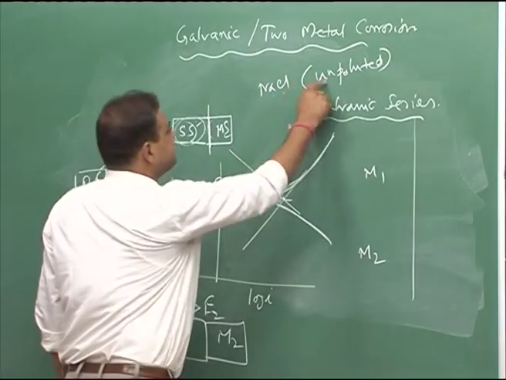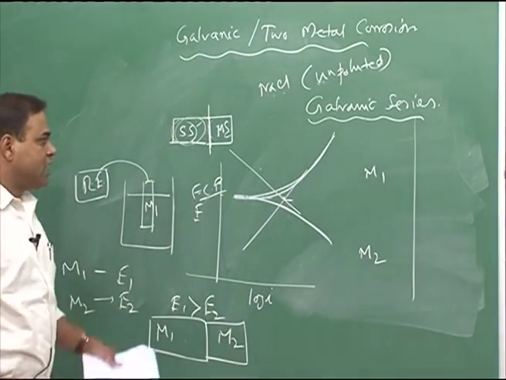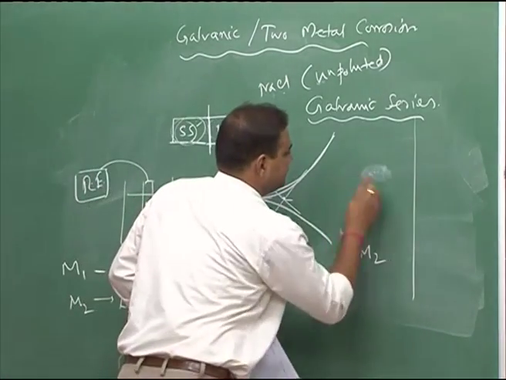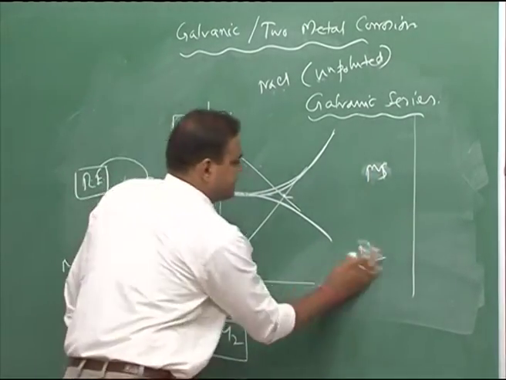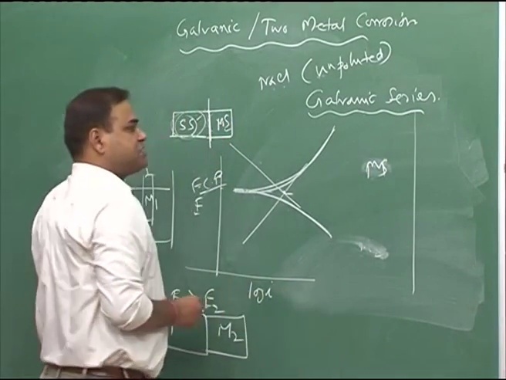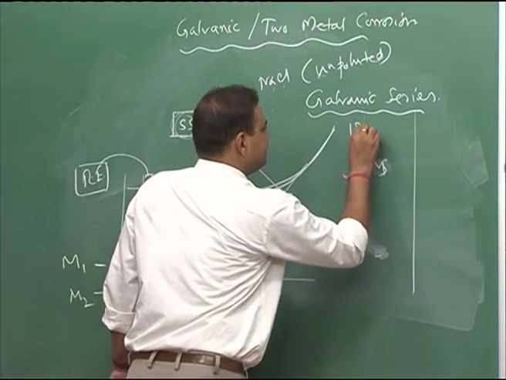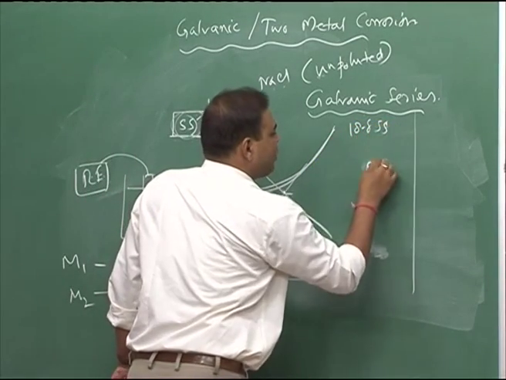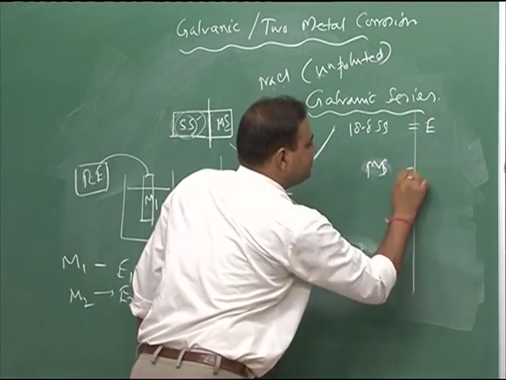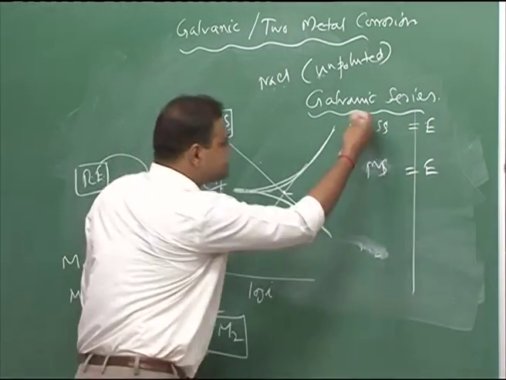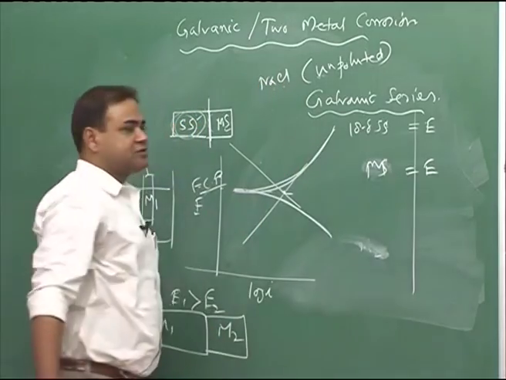Let us say in case of unpolluted NaCl solution, iron, mild steel, will be placed like this, and in that situation the 18-8 stainless steel will be on top of this, and you will not find any value of potential, it is just the relative position in NaCl solution.